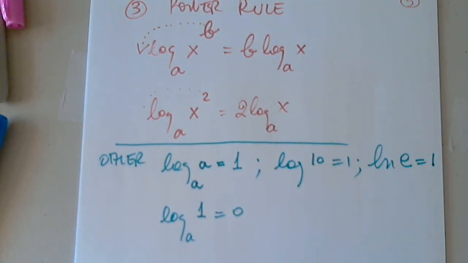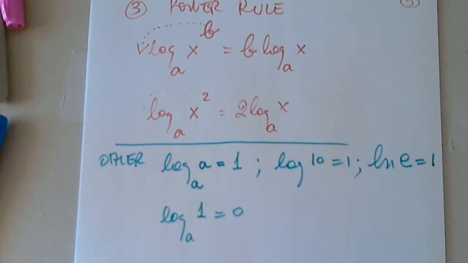Okay, now let's practice. We are going to look at two different things, and the page number, I'm getting to it in a second. We are going to expand and we are going to condense log expressions. I will be able to find it in a second.